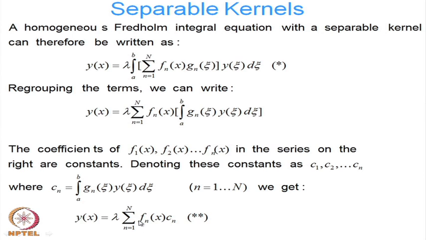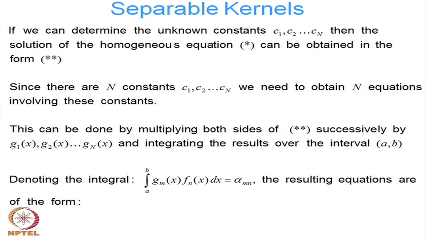We will integrate g1 of x f_n of x between a to b, and that we are going to call alpha 1n. So, the integral of g_m of x f_n of x dx is going to give me alpha mn.